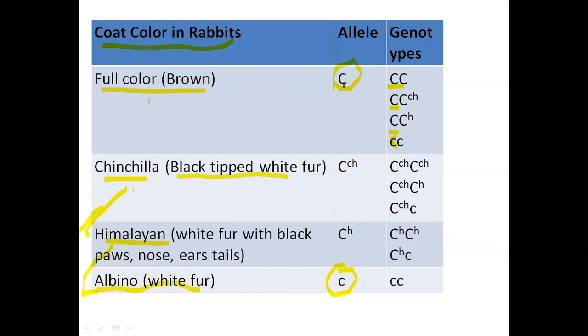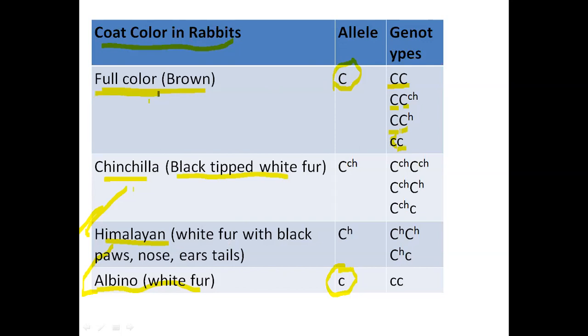Whenever capital C is present, it doesn't matter whether the chinchilla allele, or the Himalayan allele, or small c for albino allele is there. If capital C is present, all the progenies will show brown phenotypes.